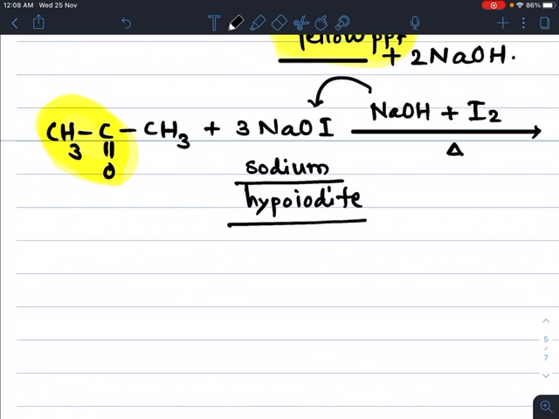Now what happens? The CH3 group present is converted into a CHI3 group.